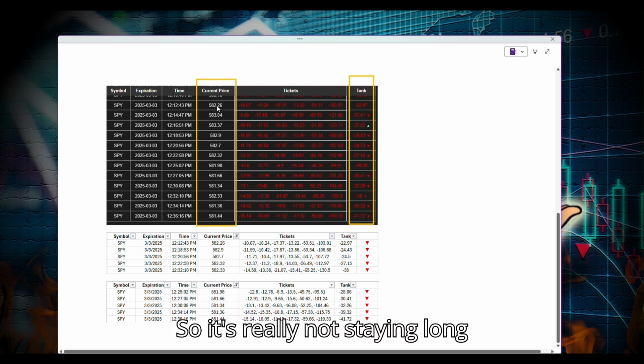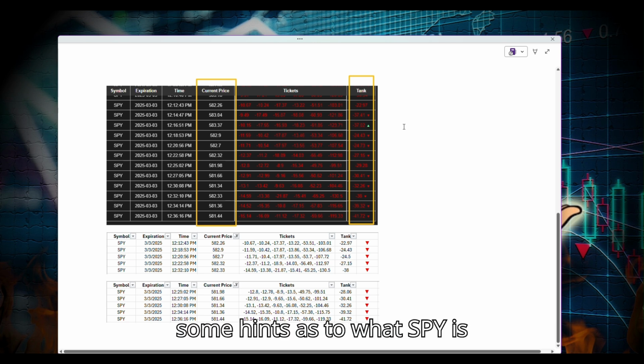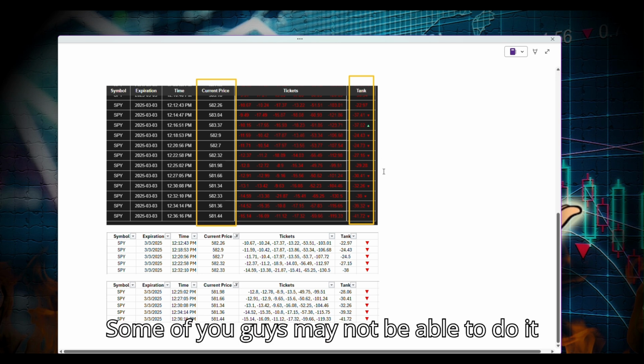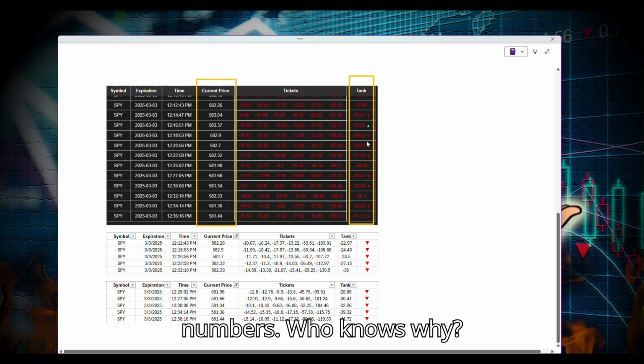So SPY is not staying at a price long enough for OSV to capture a complete minus 10. However, you can still gain some hints as to what SPY is doing by recognizing the minus 10D rule. Some of you may not be able to do it immediately because it's way too many numbers.